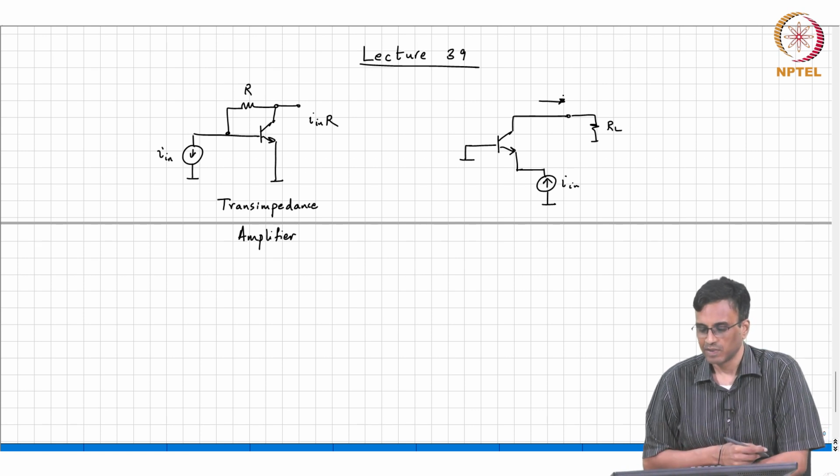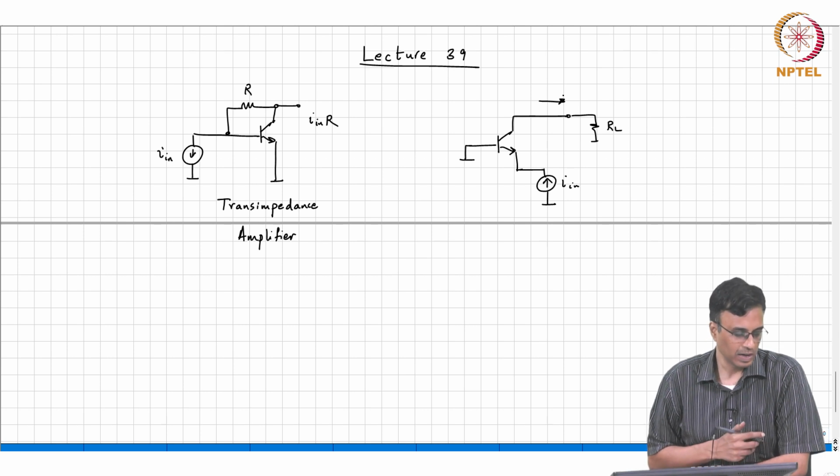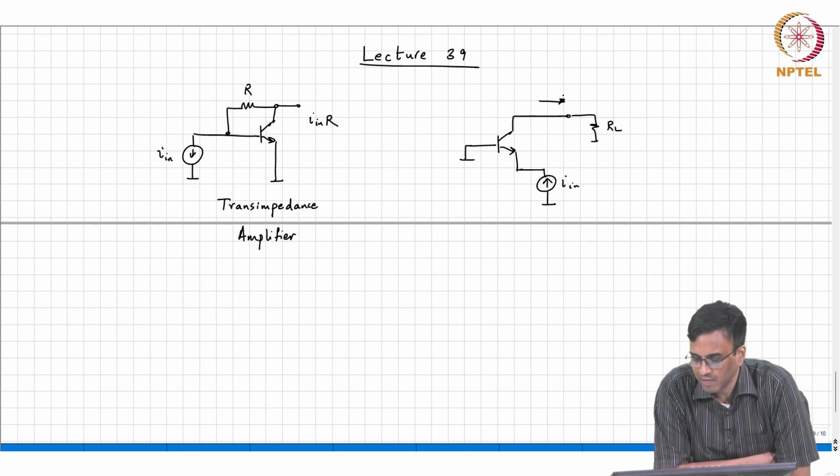If beta was infinite, like in the MOS, then we have exactly the same equivalent as the common gate amplifier, and therefore the output current will simply be equal to IN.